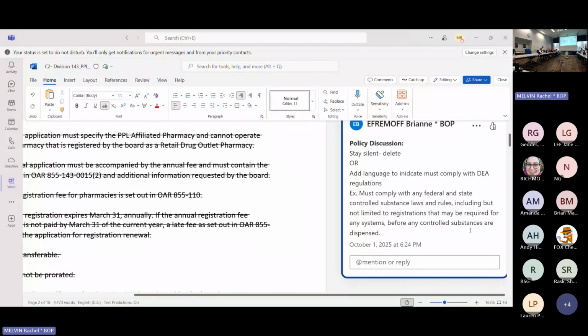Board Member Joyce: Yeah, you know, Fed always trumps state, and if we stay silent and somebody gets into trouble, we would get in trouble for allowing it unless we are clear that we have to comply with DEA regs.